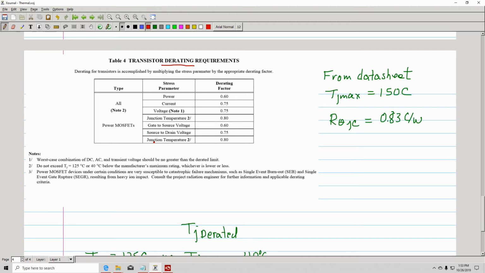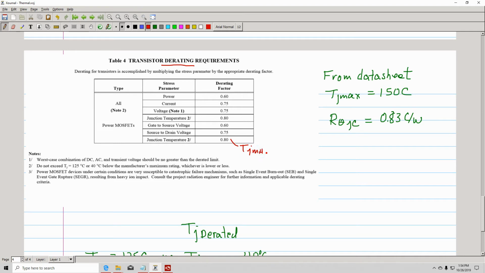Here we go. This is the transistor derating requirements, and I believe this is from either an IEEE or a JPL derating guideline. I don't remember where I got this, but if you notice, it says junction temperature and it says derate to 80%. I believe this is 80% of your TJ max.